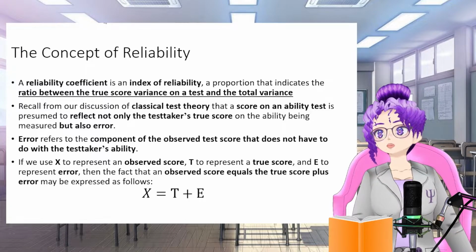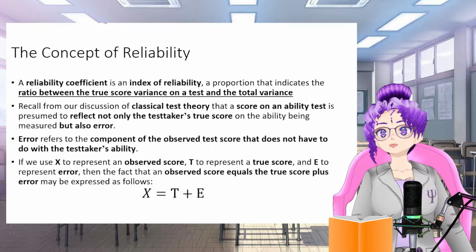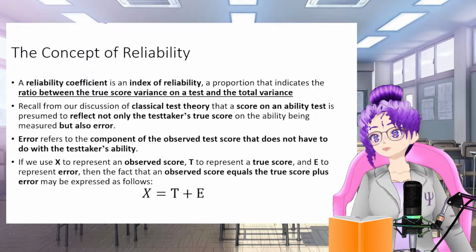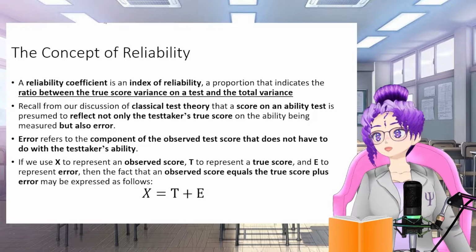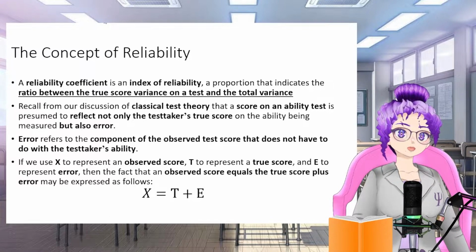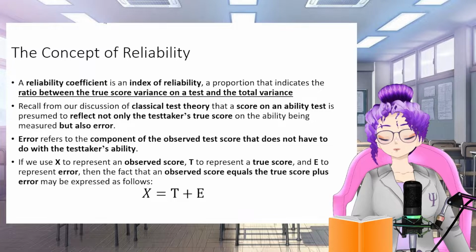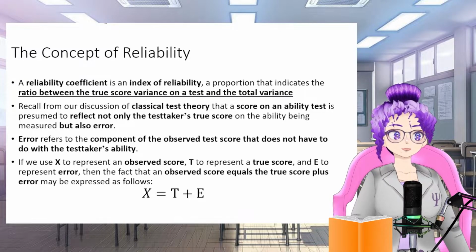Okay, so what is the concept of reliability? A reliability coefficient is an index of reliability, a proportion that indicates the ratio between the true score variance on a test and the total variance. Okay, so if you recall our previous session in norms, we talked about the classical test theory.